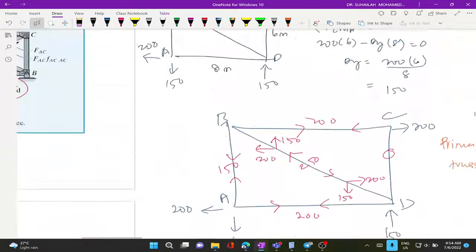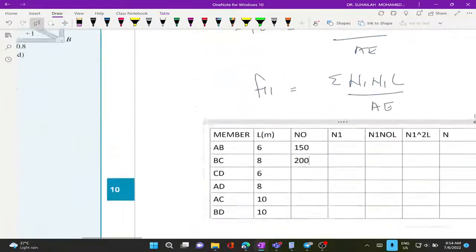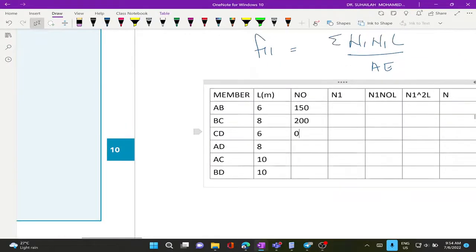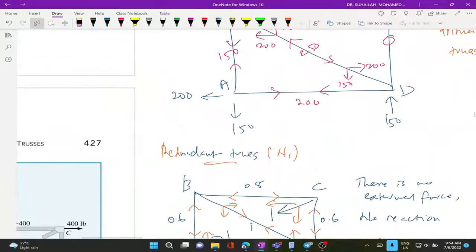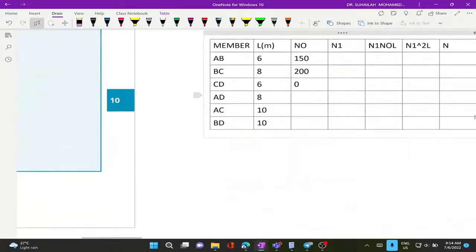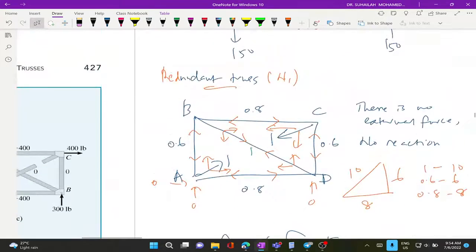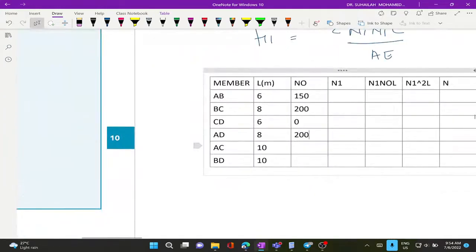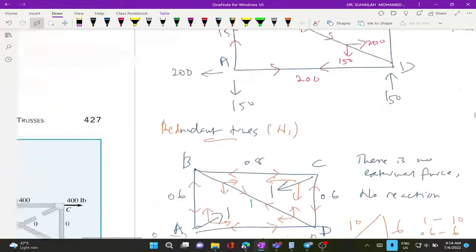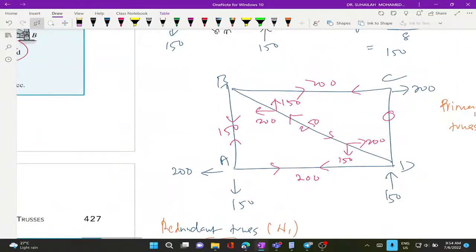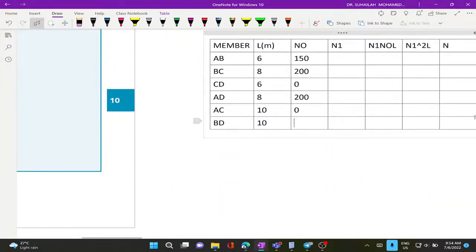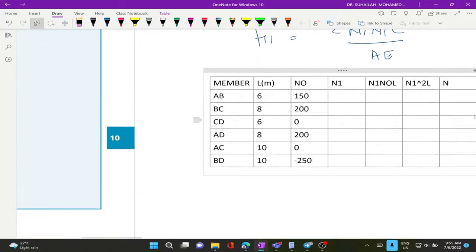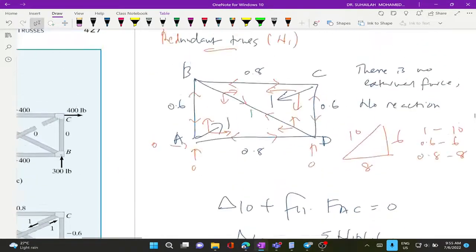CD is equal to 0. AD is positive 200. AC is equal to 0. BD is equal to negative 250. And then we move to the N1 redundant system.